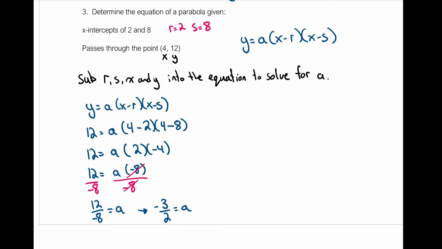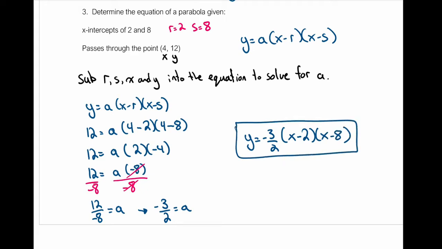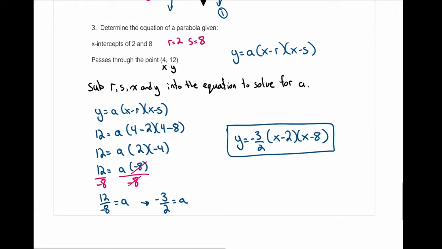Now that I know my a value, I know my r and my s value, I can rewrite my equation. Y equals negative 3 over 2 times x minus 2 times x minus 8. And this is my factored form equation. So again, same idea, plug in.